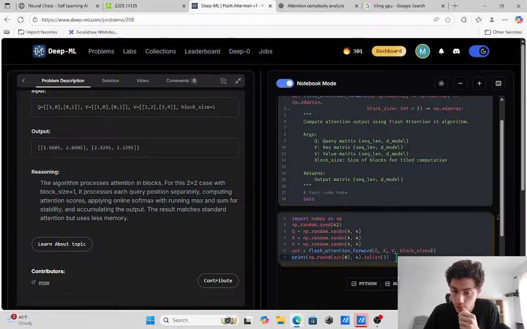Flash attention takes in these and block size 2, and the test checks whether the output's 0 element is the same as the correct 0 element.